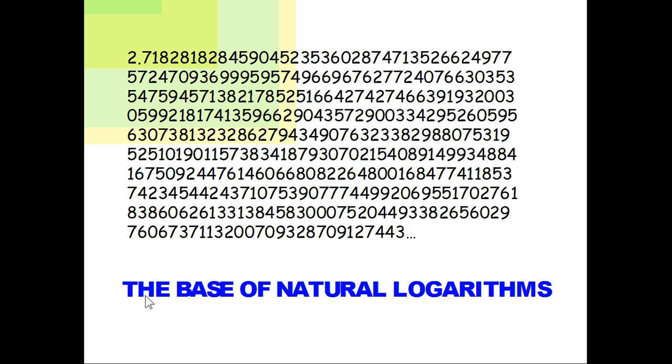Its traditional name is the base of natural logarithms, but I don't think that name is actually very helpful. It doesn't help people understand it really. I'd prefer to call it something like the natural rate of continuous growth or something like that. But anyway, that's its official title, and it's always written as a lowercase e.